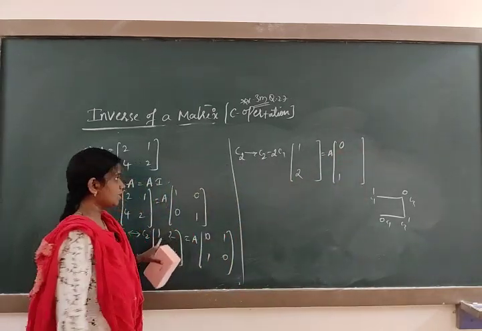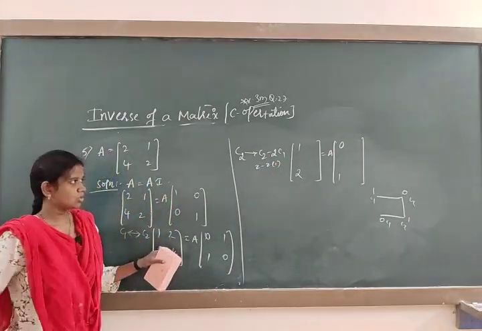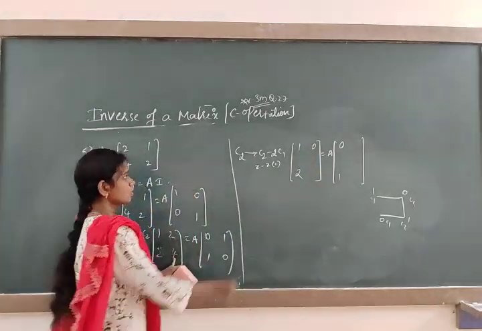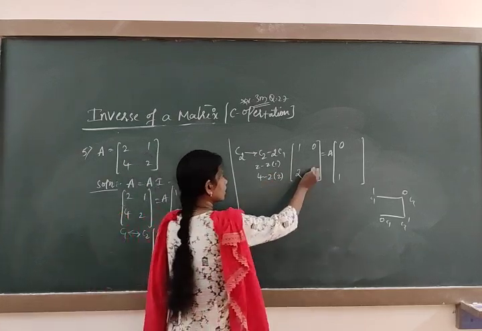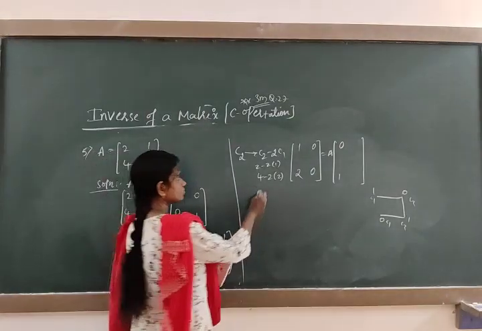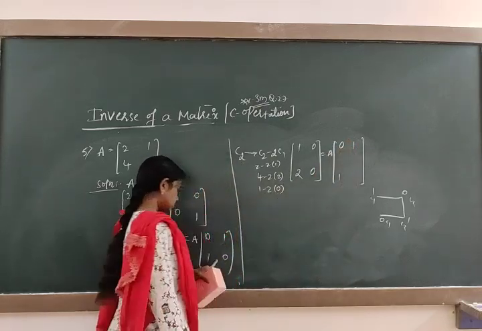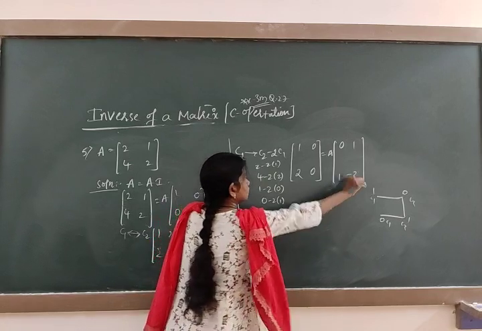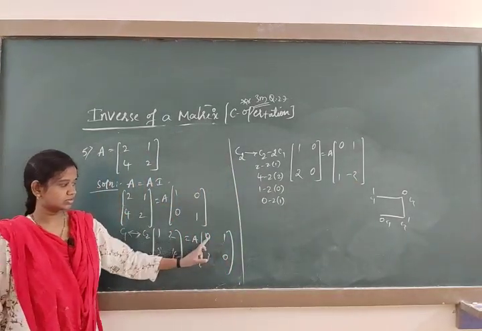So substitute: 2 minus 2 into, beside this was 1, 2 minus 2 means it's 0. Next, 4 minus 2 into, beside this is 2, 4 minus 4, again it's 0. Next this is 1, and this is 0 minus 2, minus 2. Substitute in the transformation.